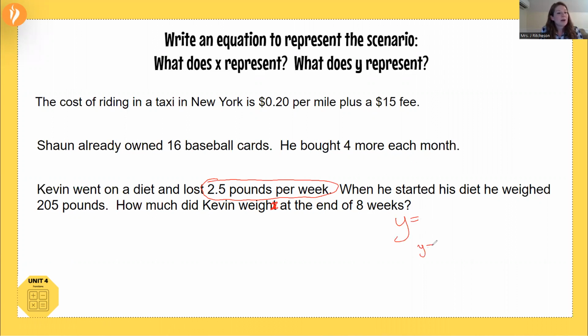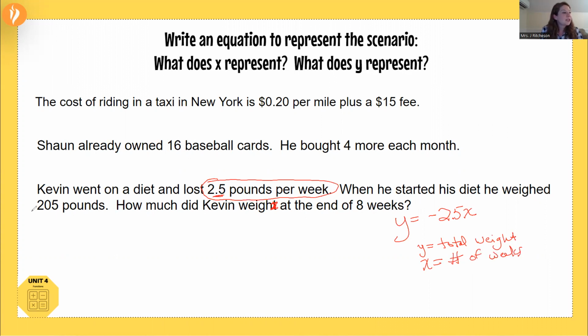So we're going to write y equals his total weight. Is he gaining weight or losing weight? He's losing weight. So since he's losing pounds, our rate is negative 2.5 because it's decreasing by 2.5 per week. And what does x represent? The number of weeks.